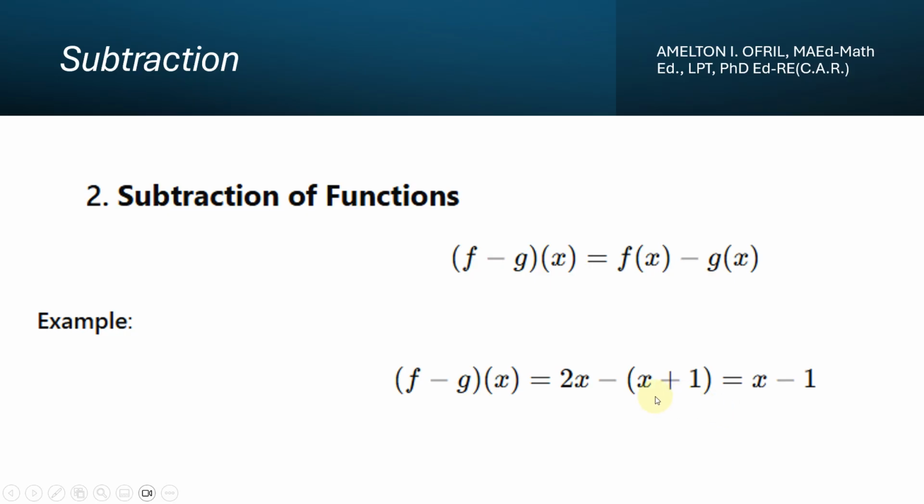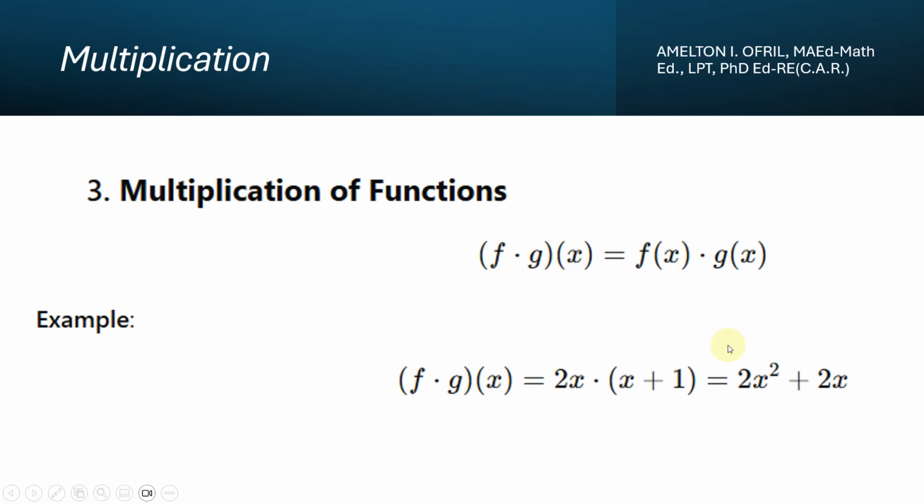Notice that we distribute the sign in the middle, so the minus x and a minus 1 will emerge. That's why 2x minus x will just become x, and the operation between them is minus, so our answer should be x minus 1.